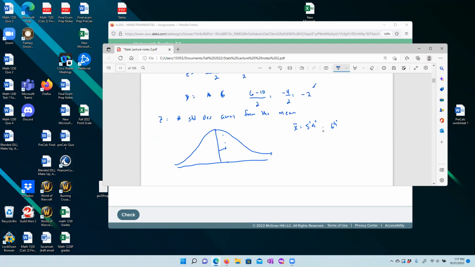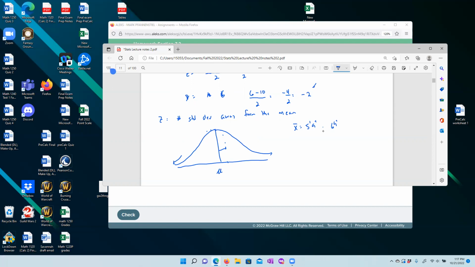The same thing on the other side: there's a lot of 5'10", 5'11", 5'8", 5'7". But how many men are 5'5", 5'4", 5'3"? There are fewer and fewer of them. That's one of the big things about the normal distribution: the further away you are from the average, the lower the probability that we're going to observe that phenomenon.